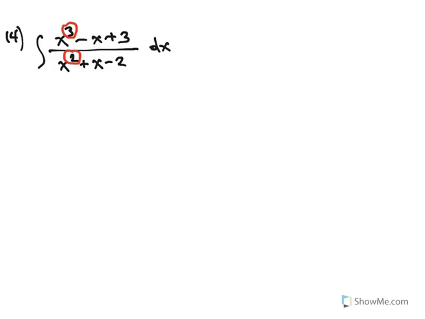So we can do partial fraction decomposition, but you have to begin by actually dividing the numerator by the denominator and rewriting the integrand, and then you can do partial fraction decomposition.